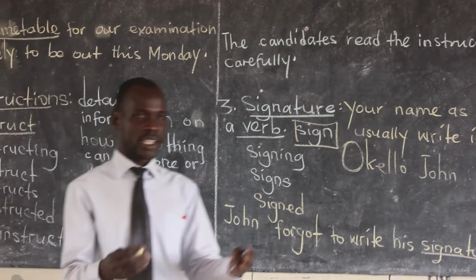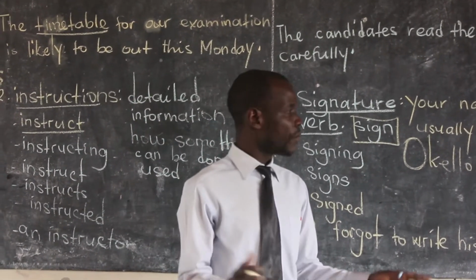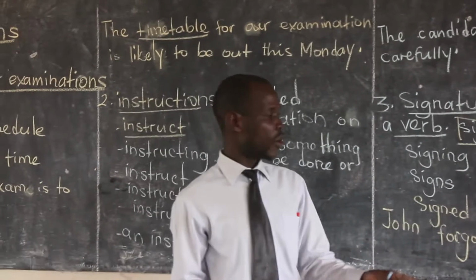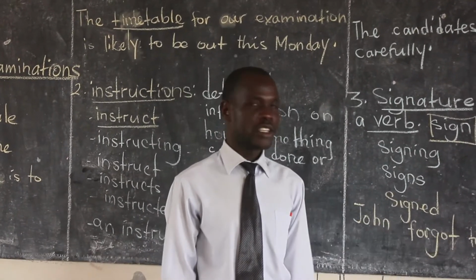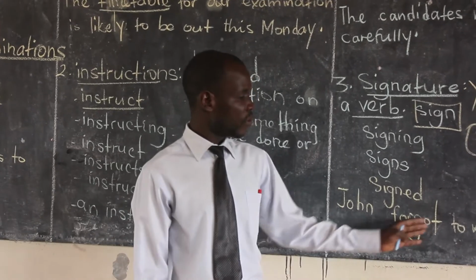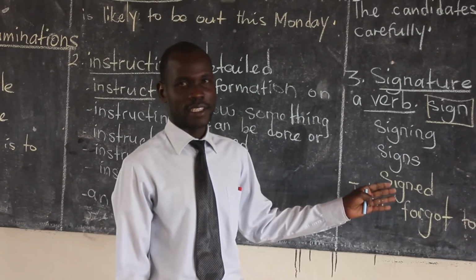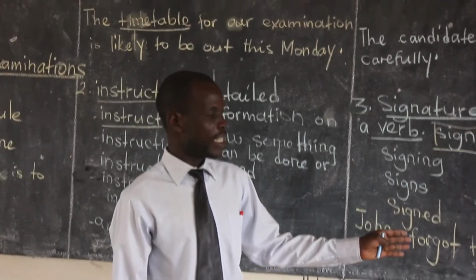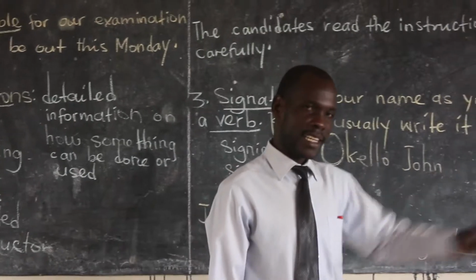Our sentence is John forgot to write his signature. Meaning that John was given that paper of examination, but because of panic, he was not able to identify that area and he forgot to write his signature. You can also have very many sentences. You can say the stapled board forged the head teacher's signature.